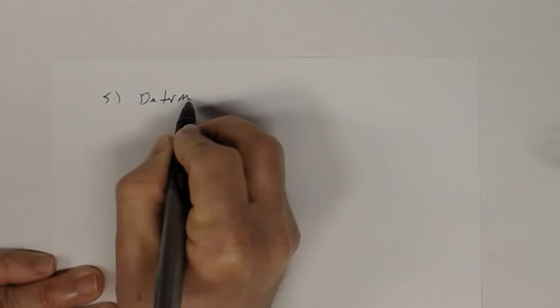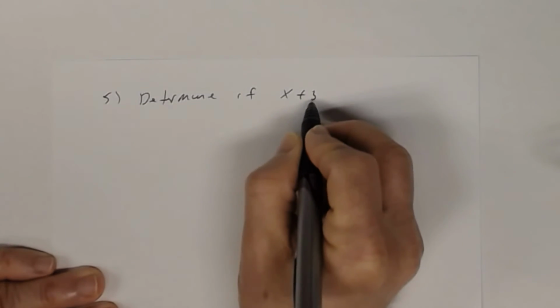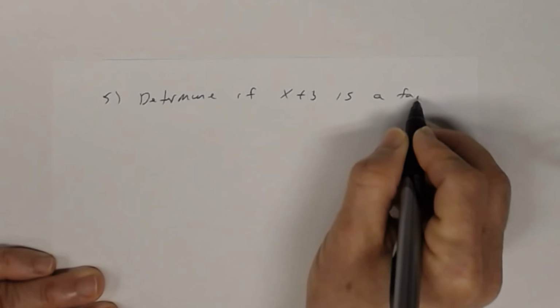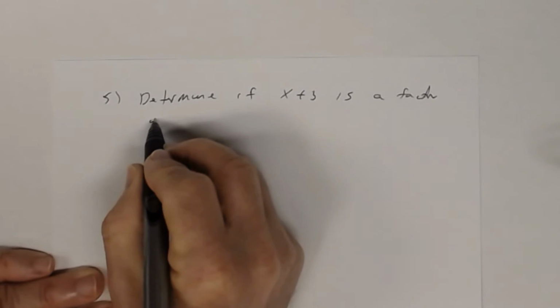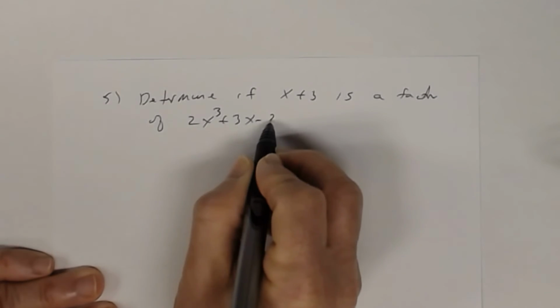All right, now number 5 says determine if this polynomial x plus 3 is a factor of this polynomial, 2x cubed plus 3x minus 2.